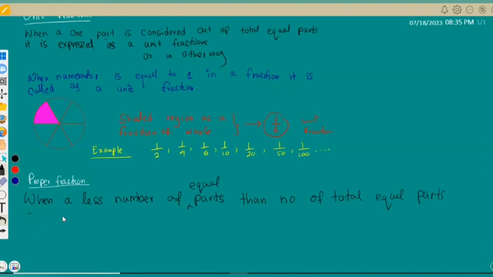are considered and it is expressed as a proper fraction.